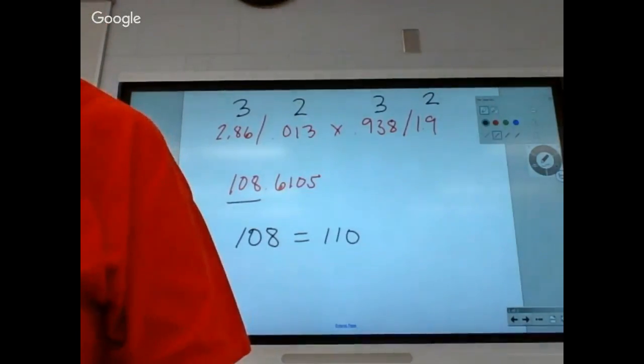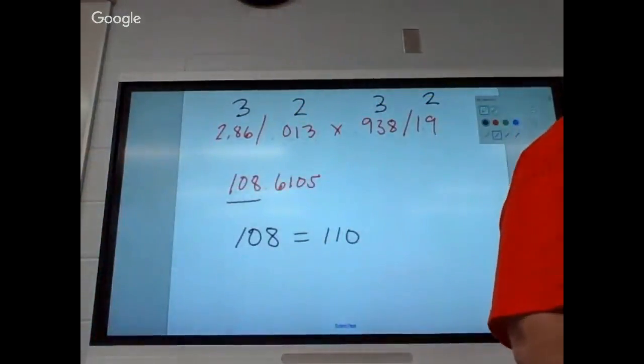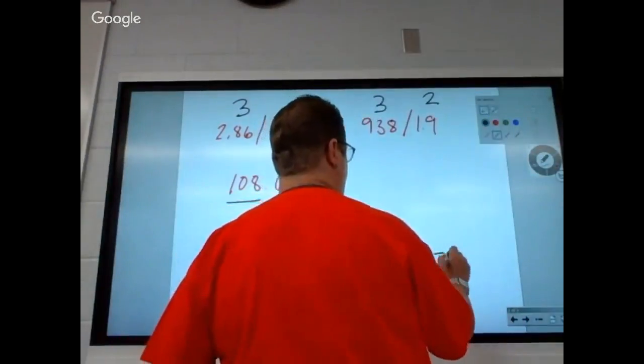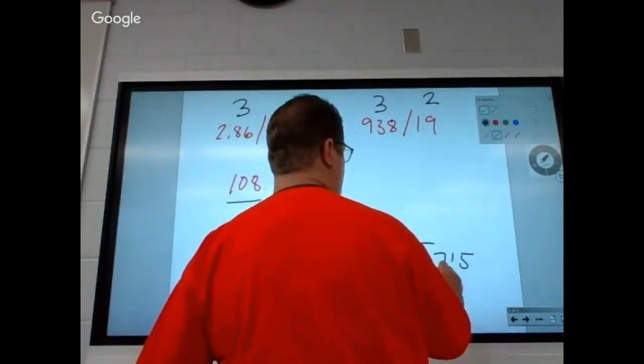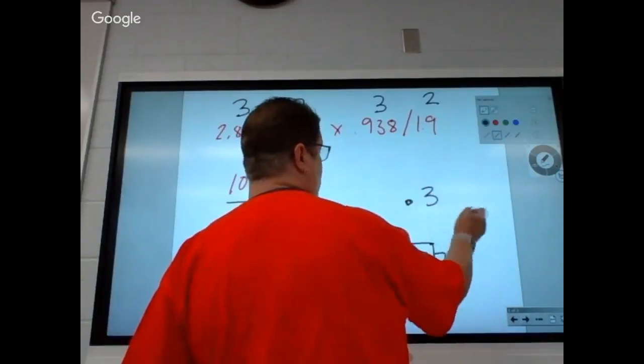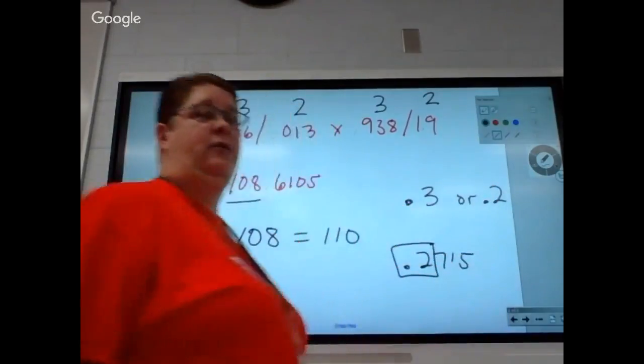15 was, wrong worksheet. 15 was either, the answer came out to 0.2715. So there's your one significant digit. It should be rounded to 0.3, but I would have taken 0.2. I'd take either answer.